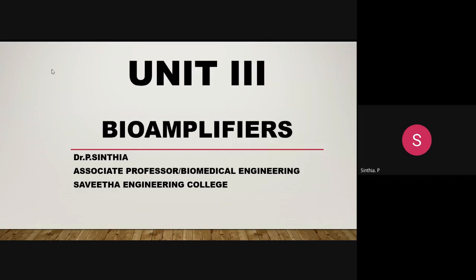So this process is done by the amplifiers. So actually the amplifiers to measure these signals have to meet some specific requirements. They have to provide amplification to the physiological signal, whatever signal is employed.